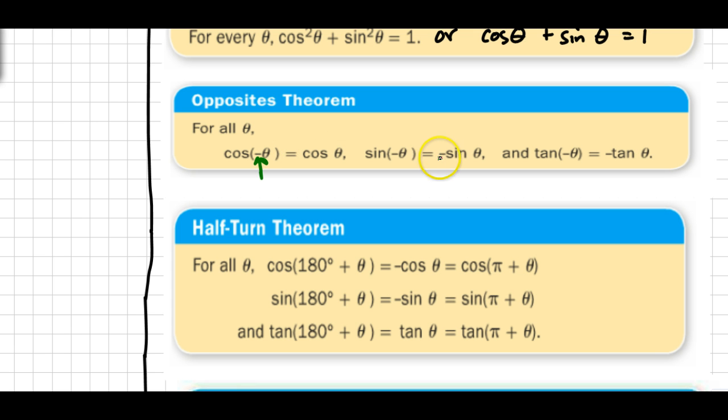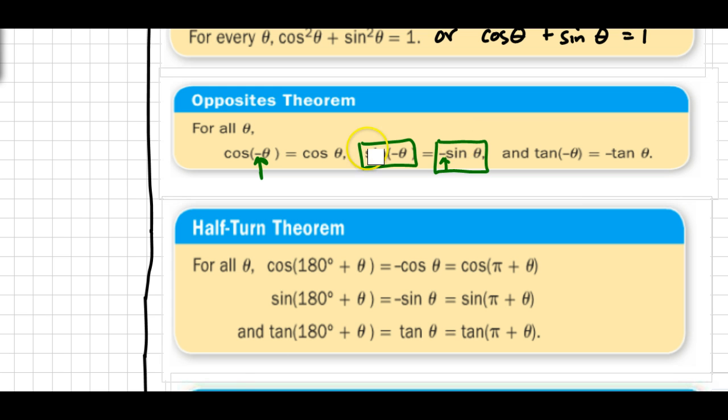Over here for sine, we do have a negative rotation again because that's next to the theta, but we also have a negative sign in front of the sine or cosine or tangent, and all that means is that these two pieces of this equation are going to be opposites of each other. So this side will be negative while that side will be positive. Or vice versa. If this side ends up being a negative number, then this side will need to be the opposite of it, or positive.